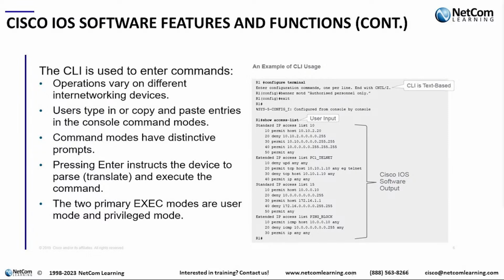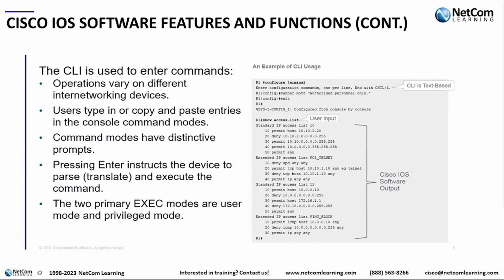And the IOS includes a wide range of security features that allow you to strictly control your network resources and your devices according to your security policies. So you can configure the IOS to allow or deny a specific host or a range of hosts. You can also configure the IOS to allow or deny access to a particular application. So we've got an example on the slide here of one of our security policies known as an access control list, or ACL.